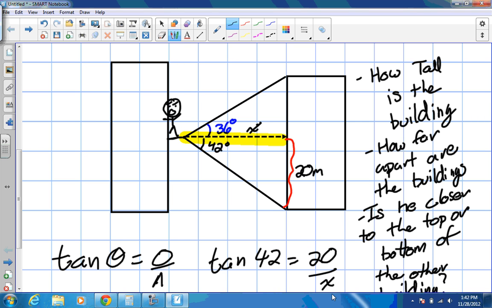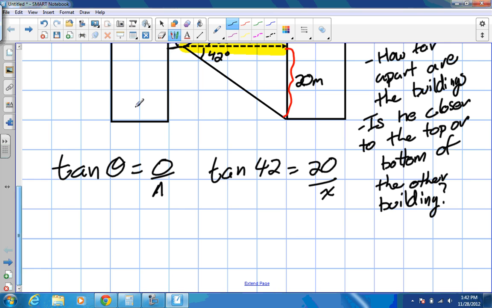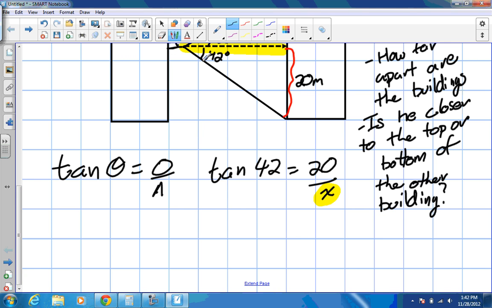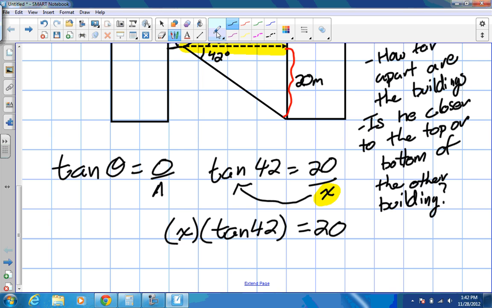Okay? So our goal here is to isolate that x. I'm going to bring x to the other side because it is on the bottom. We can't just isolate it if it's on the bottom of a fraction. When I bring x to the other side, it becomes multiplied by. So we have x multiplied by tan 42 is equal to 20. But we still have not isolated x.